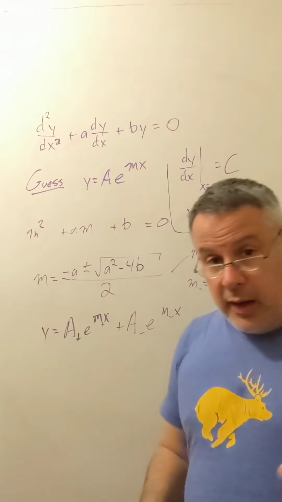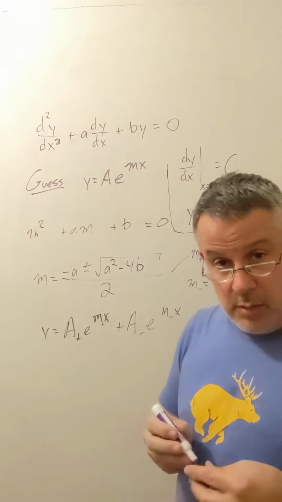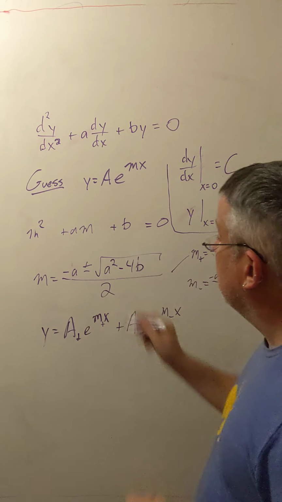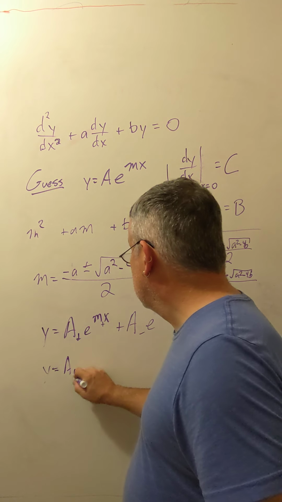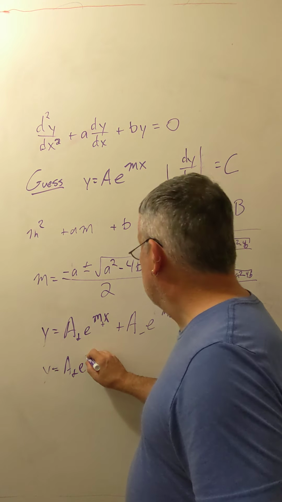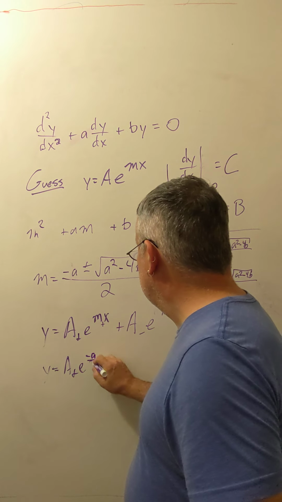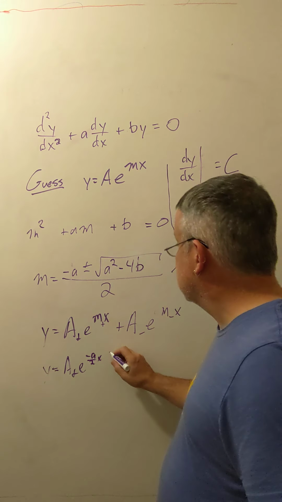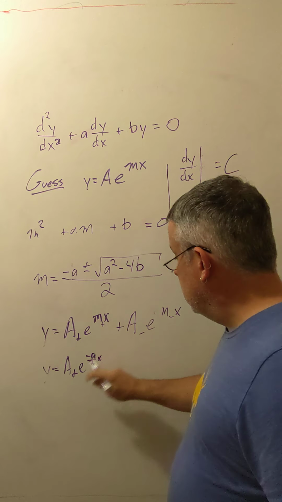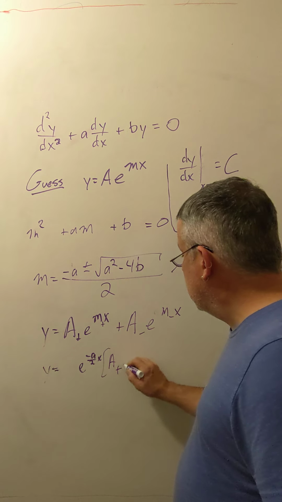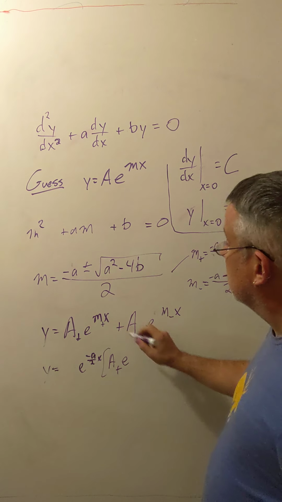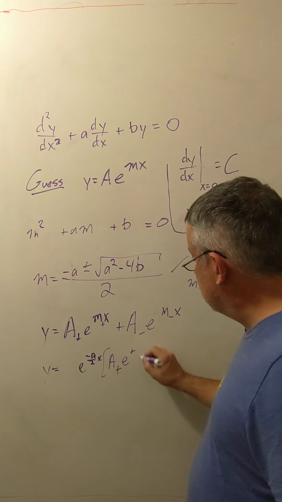Okay, what if this turns out to be a complex number? Well, look, what we get if it's complex, let's put the minus a over 2. That comes out front because that's common to both. So I could factor that one out. A plus e to the positive root.